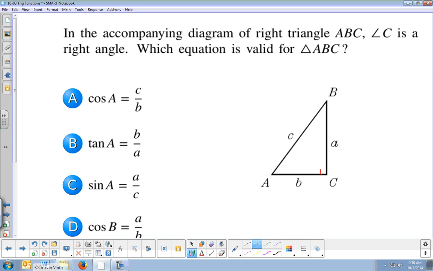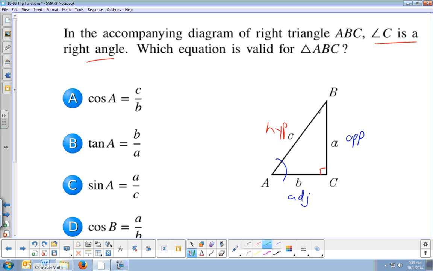Now, C is our right angle here, and I think it probably mentions that here. C is the right angle. So side C, which is opposite angle B, is called the hypotenuse, and that doesn't change. That is its name no matter what. The opposite and adjacent sides are angle dependent, meaning depending on what angle you're using as perspective, it changes. So if I'm talking about angle A, for example, side A, which is across from it, would be opposite, and this other side, B, would be called the adjacent side.